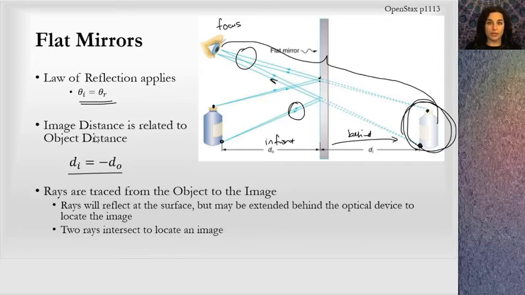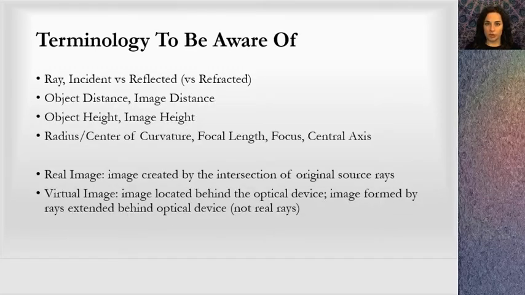So those are basics on mirrors in general and many optical devices, and we're looking at them specifically with flat mirrors to begin with. There's a lot of terminology to be aware of as we move into the optics unit. There's a ray, which I talked about. We're talking about incident and reflected rays. There's also refracted rays. Refracted rays go through materials, whereas reflected rays bounce off of materials.